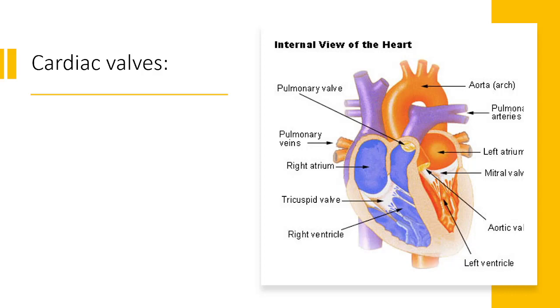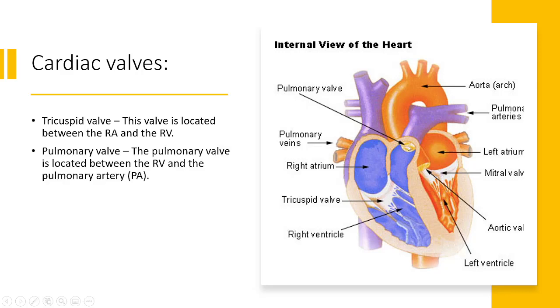So the cardiac valves that we were talking about are the tricuspid valve, which is located here between the right atrium and the right ventricle. We have the pulmonary valve, which is located between the right ventricle here and the pulmonary artery here.